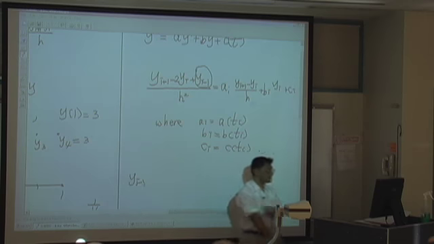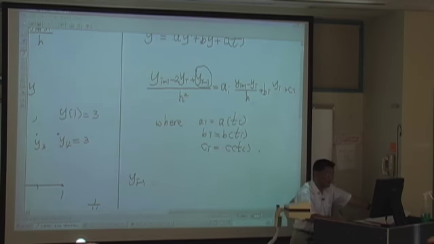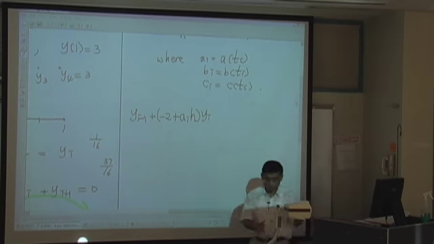And then y_i term will be attached. h squared multiplied here gives us h times this.